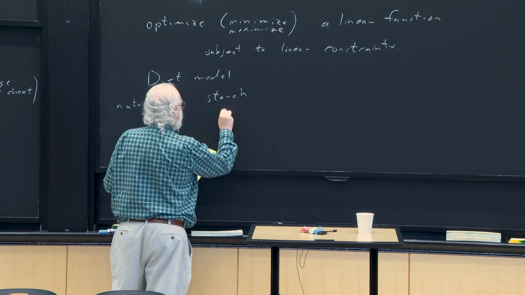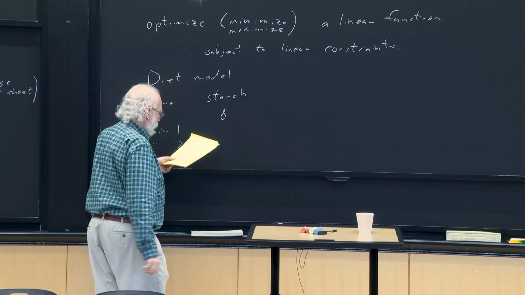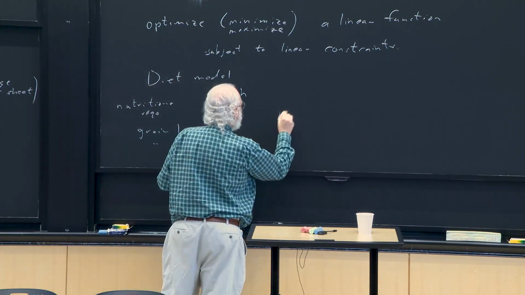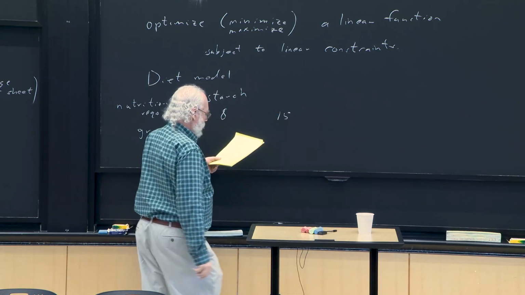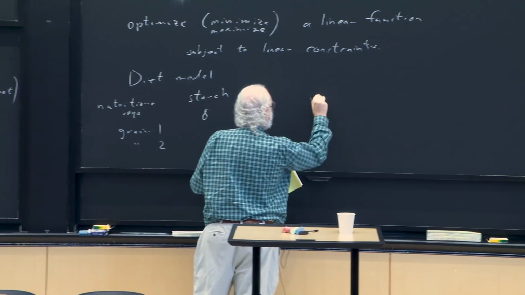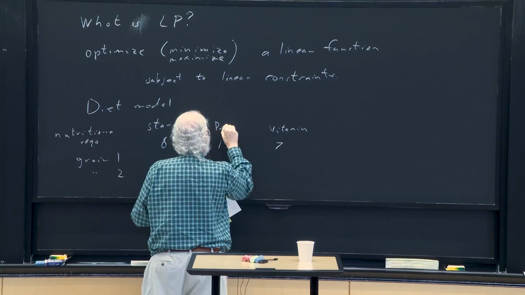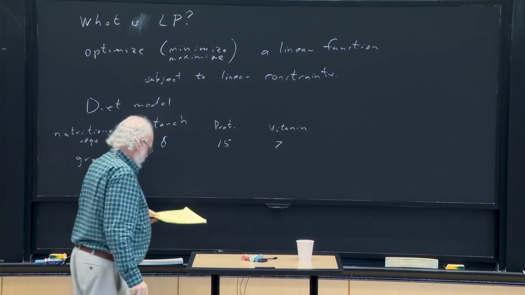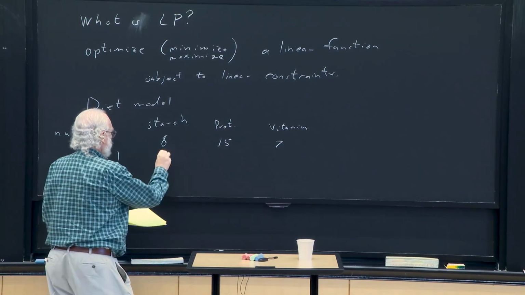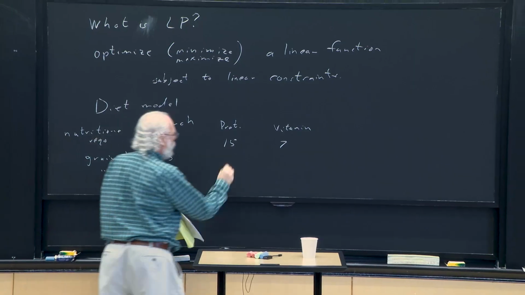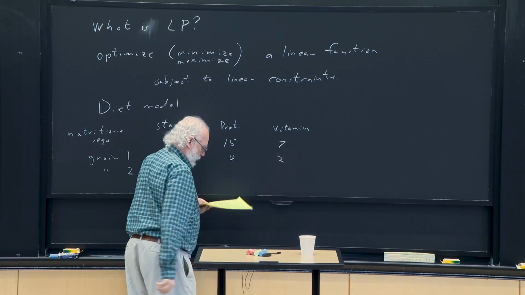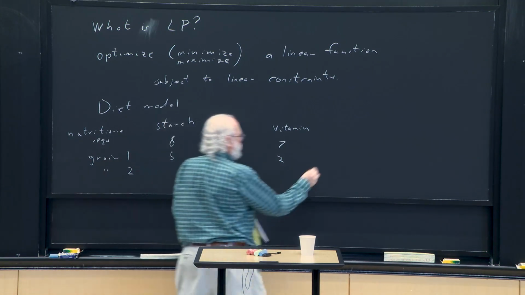They need 8 units of starch, 15 units of protein, and 7 units of vitamins. Grain 1 contains 5, 4, and 2, and costs 60 cents.